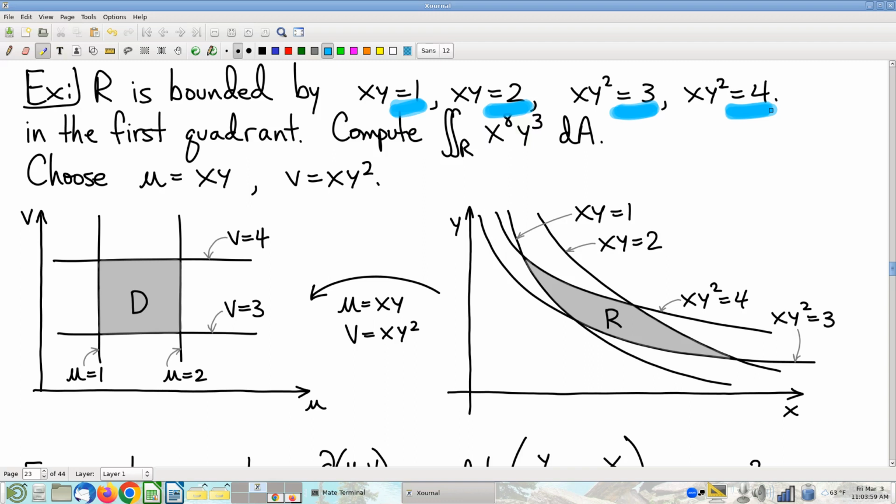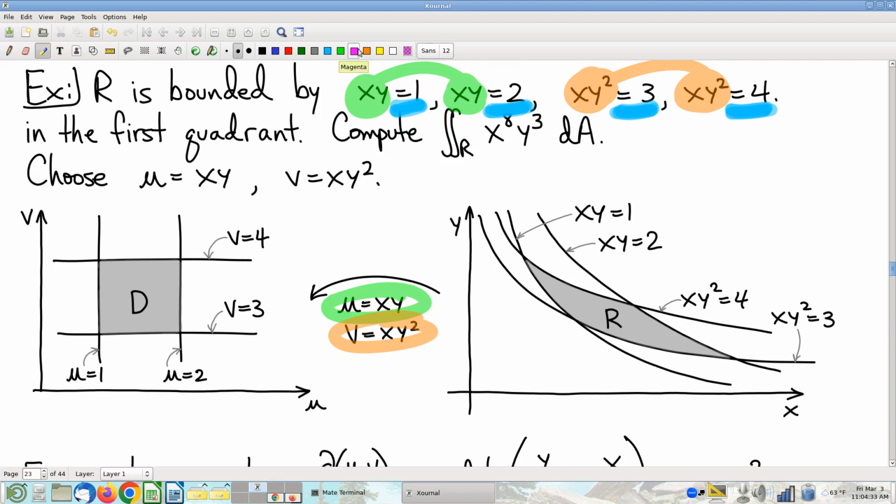Next thing, whatever these functions are that you're setting equal to constants, make those your u and your v. We're going to see why this works in just a second, but that's the second key step. So step 1, make sure you've got stuff equals constant. Step 2, let the resulting functions on the left be your change of variables function.